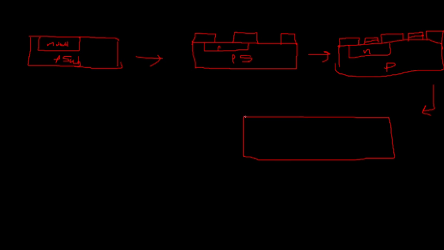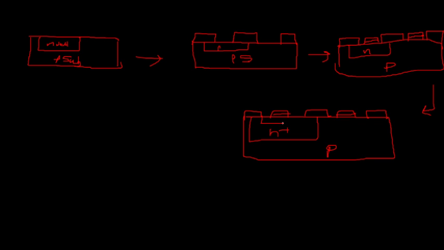For impurity diffusion, this is P, this is N plus, and these are your sources, and here the thin oxide and polysilicon layer. Now the impurities have to be doped. Suppose in the N region you have to implement the PMOS.